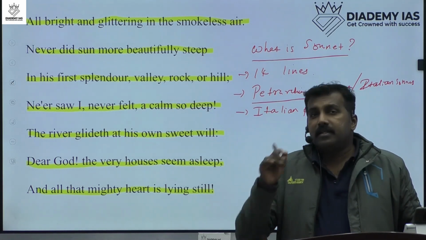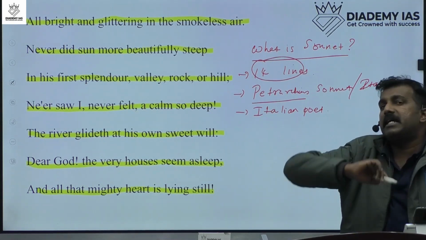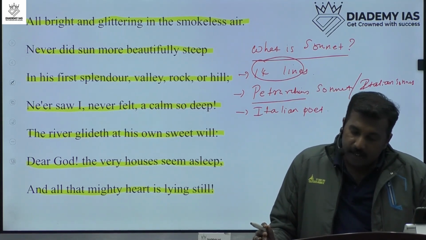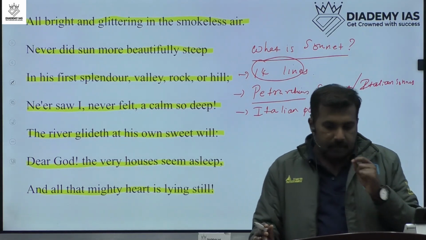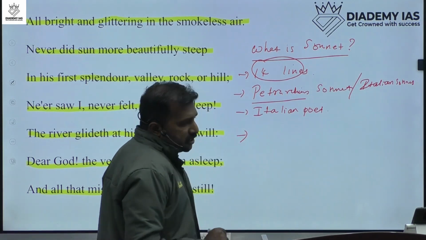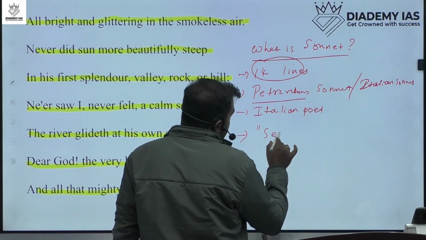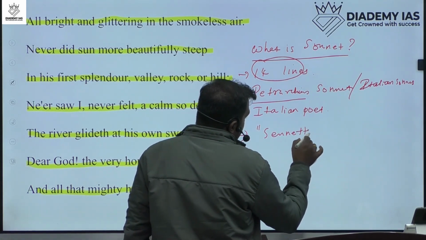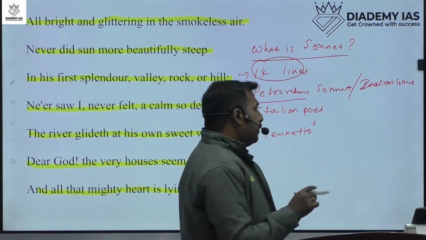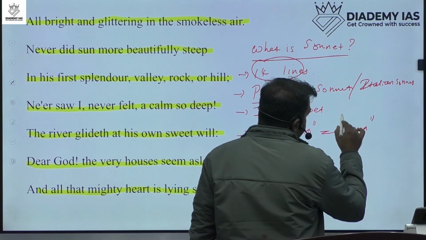That's why this type of sonnet, that means 14-line sonnets, is named a Petrarchan sonnet or Italian sonnet. And what is the word meaning of sonnet? Actually, this word originated from the word sonetto. What is the meaning of this word? The meaning is sound.